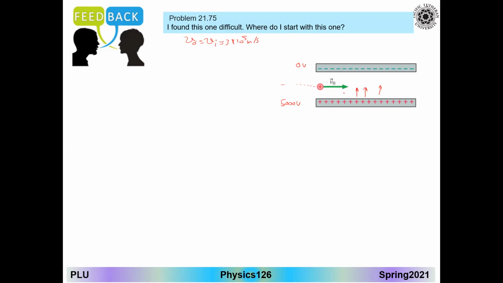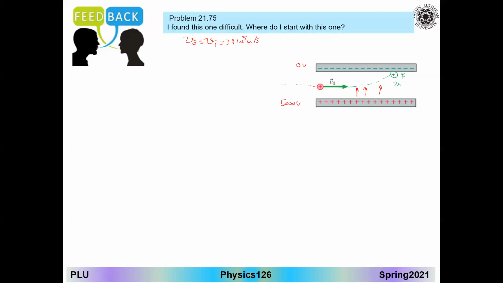So you push the positive charge to the upper plate. Since the charge starts with a speed, it is going to follow a path to the upper plate, and it will hit the upper plate somewhere here. And here is the final position.